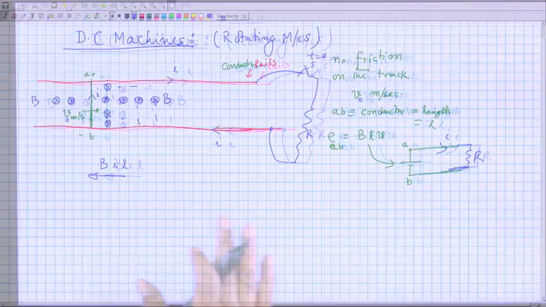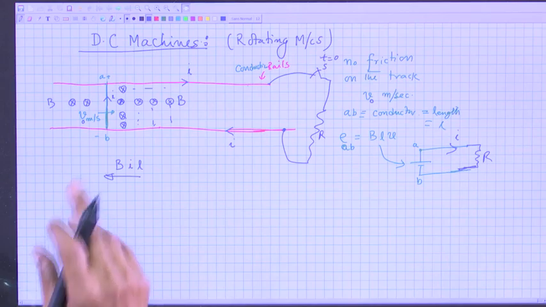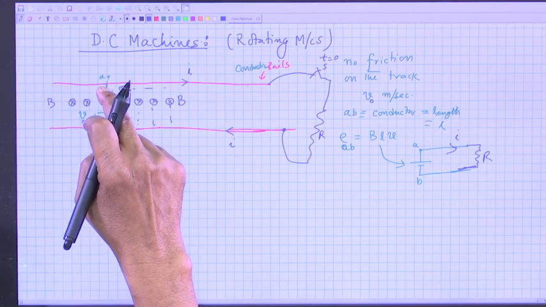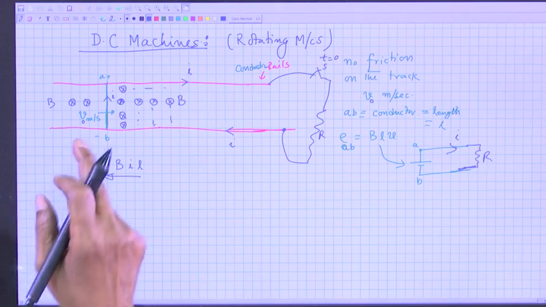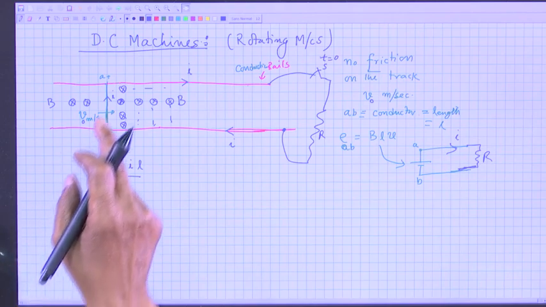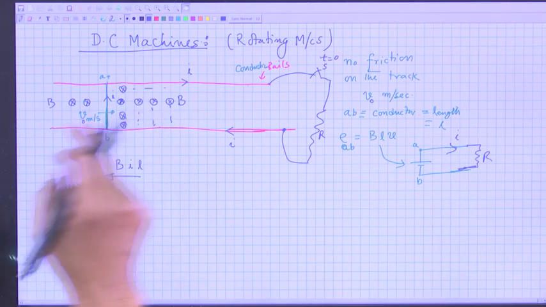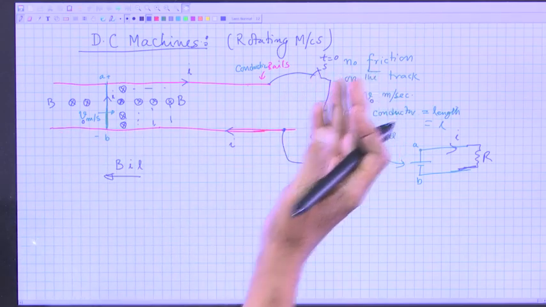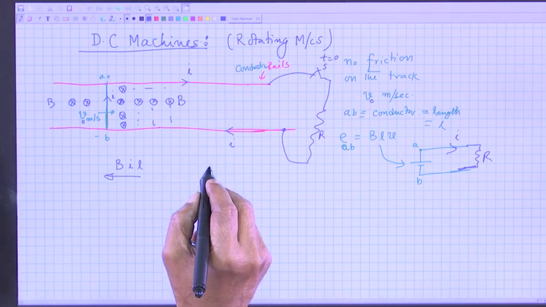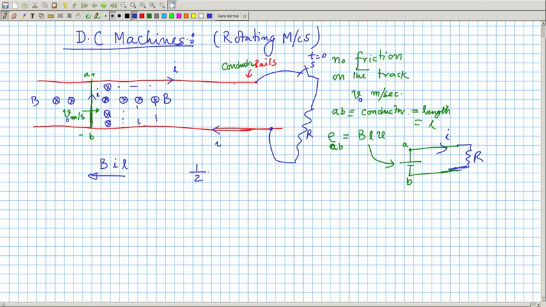Now, what I am trying to tell is that the conductor had an initial velocity v naught, without anybody assisting its motion, and that is also not needed when the switch is open. There was kinetic energy stored in the conductor, half m v naught square, when the switch was open.